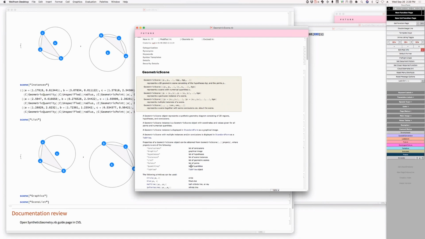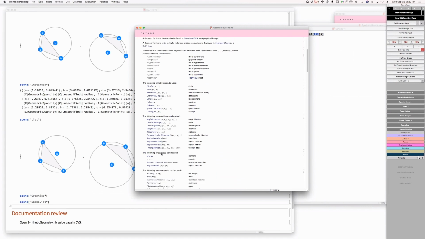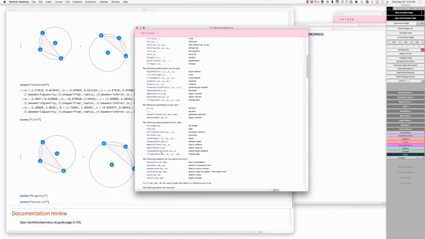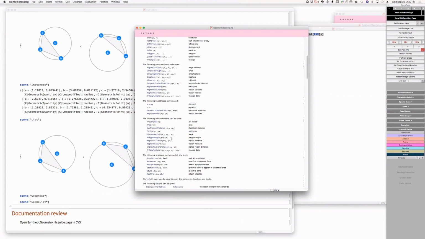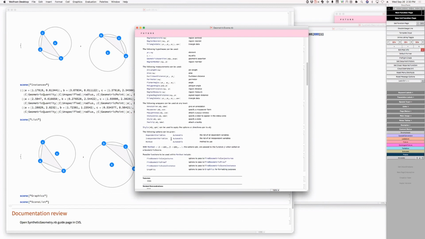What is quantities? So when you're describing a geometric scene, if you want to have a scalar quantity rather than a point that is abstract, then the first argument to geometric scene can be a list of two lists.